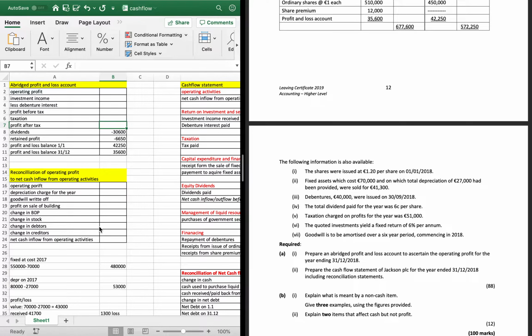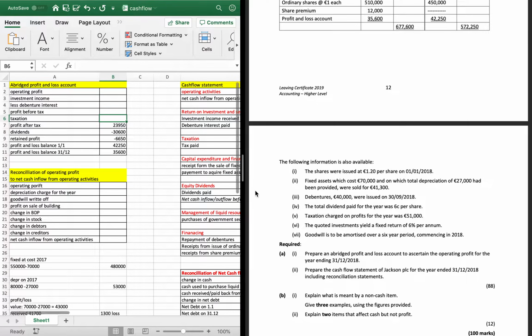Therefore, if you add back on the 30,600 to the minus 6,650, that'll give you the 23,950, which is the profit after tax for the year. So 23,950 minus 30,600 is minus 6,650.